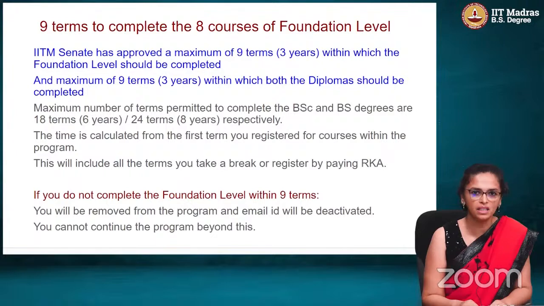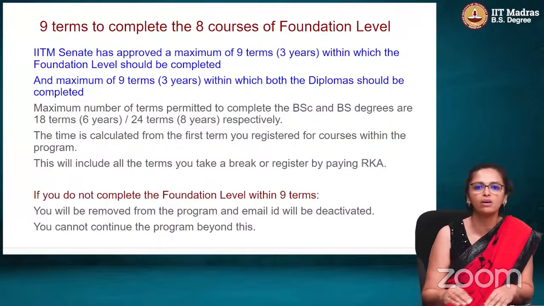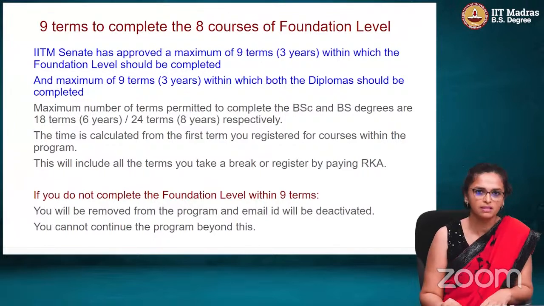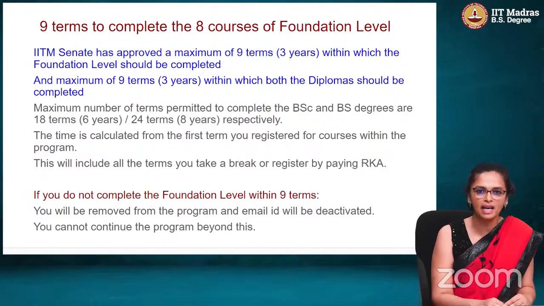And both the diplomas should be completed within a maximum time of 9 terms or 3 years. Okay. So this is something you have to keep in mind, and the time is calculated from the first term you registered for courses within the program.